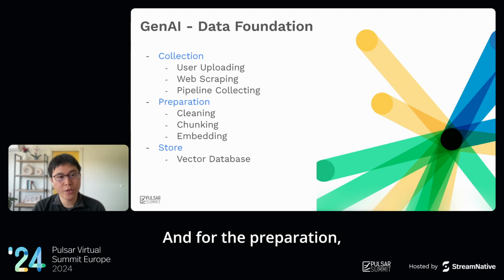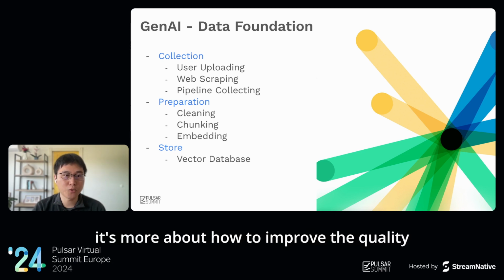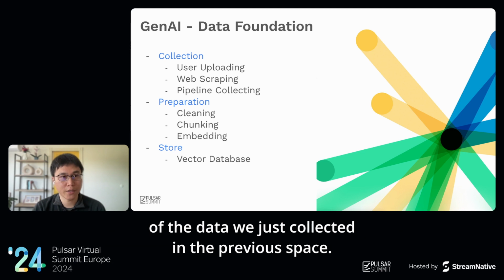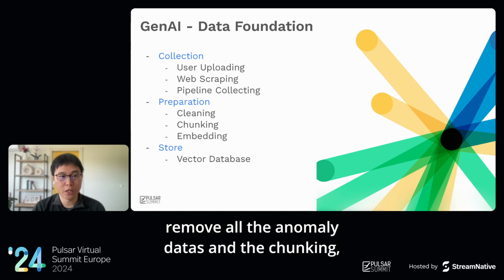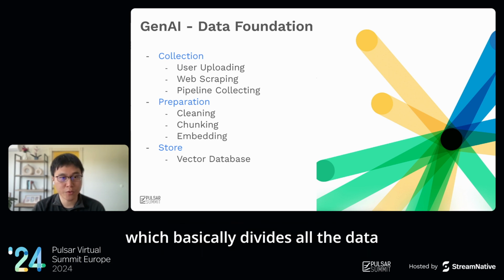And for the preparation, it's more about how to improve the quality of the data we just collected in the previous phase. Normally it includes cleaning the data, removing all the anomaly data, and chunking, which basically divides all the data into different small chunks.